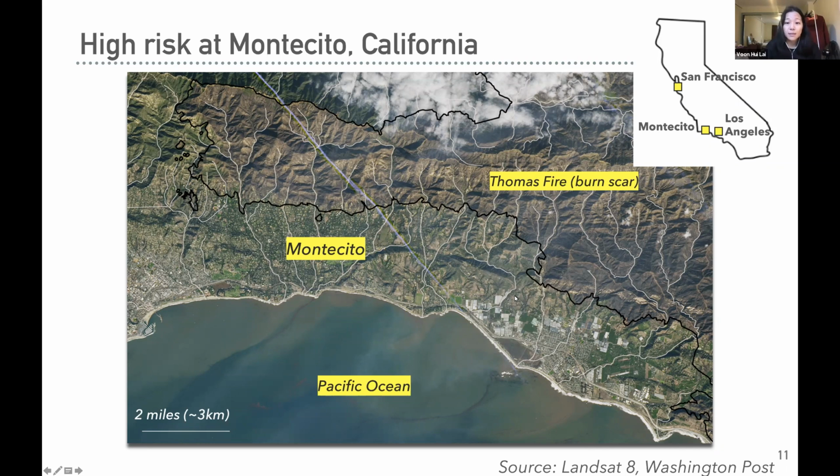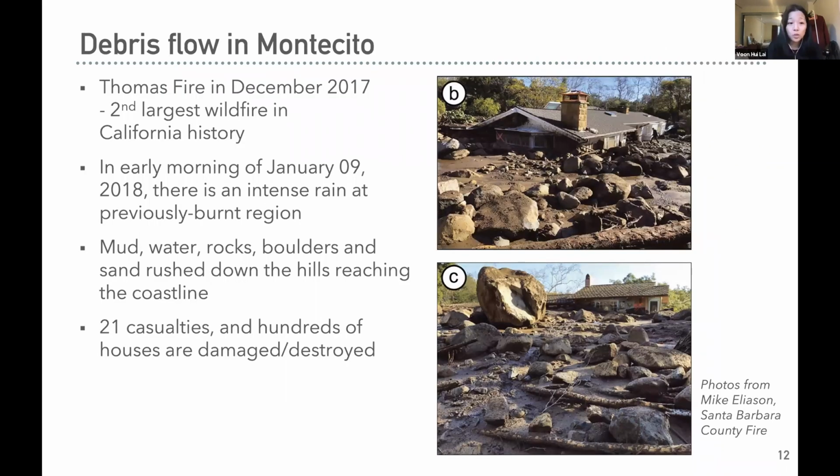And after the fire, an unusually large winter storm occurred on the early morning of January 9, 2018, and initiated a large debris flow which sent mud, water, rocks, and boulders from the hill towards the coastline.